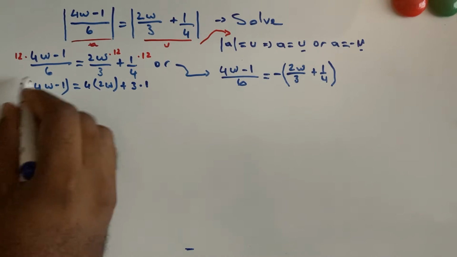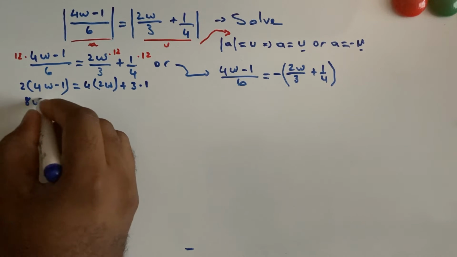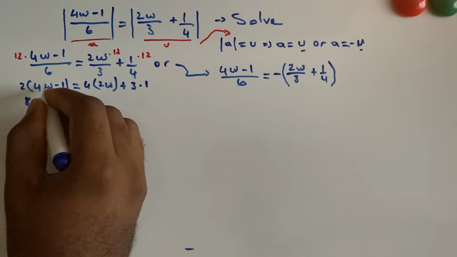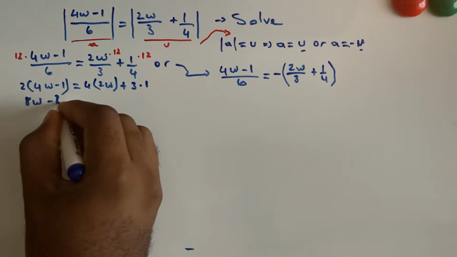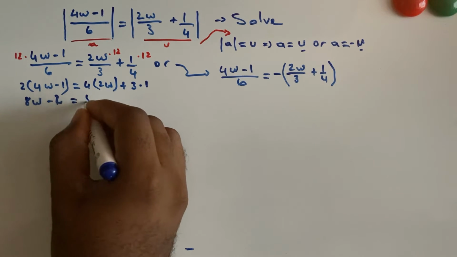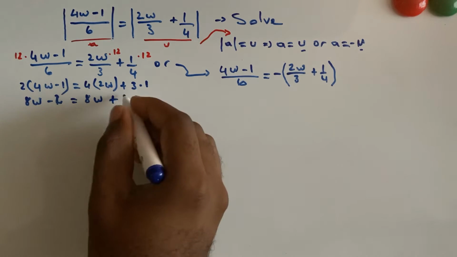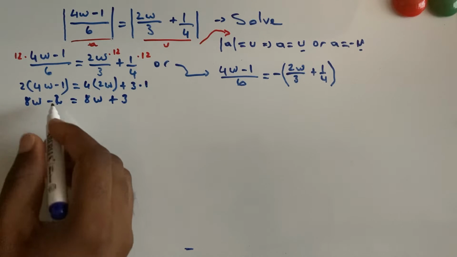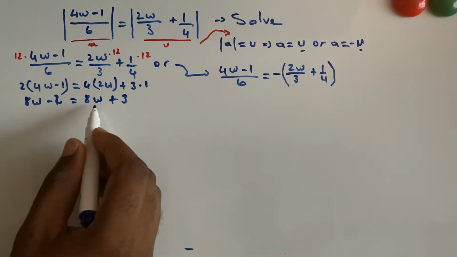And you keep going here. Here you distribute, okay? So it's 8w minus 1 minus 2, because that's 2 times 4, 8, 2 times 1, since I'm distributing, minus 2 equals 4 times 2, 8w plus 3 times 1, 3, okay? And we keep moving. We're trying to solve for the variable w.